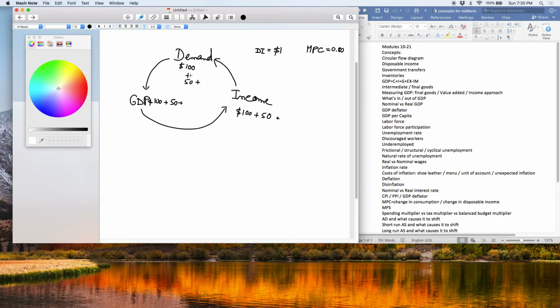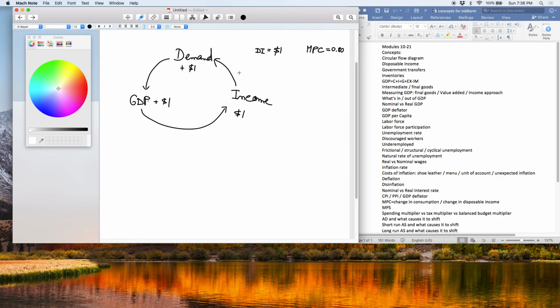So then if for some reason demand increases, let me clear this up. Start off from scratch over here. Okay. So if demand increases by $1, that creates another dollar of production, another dollar of income.